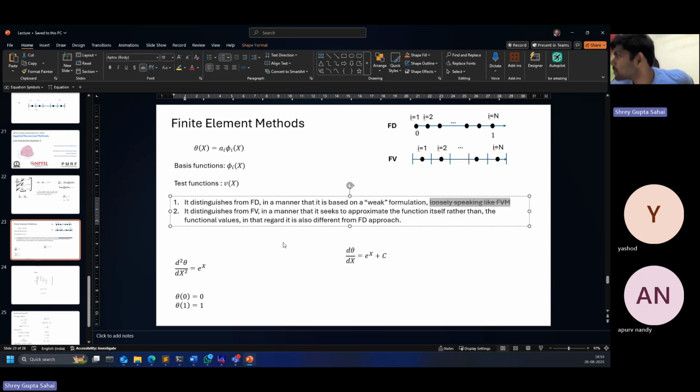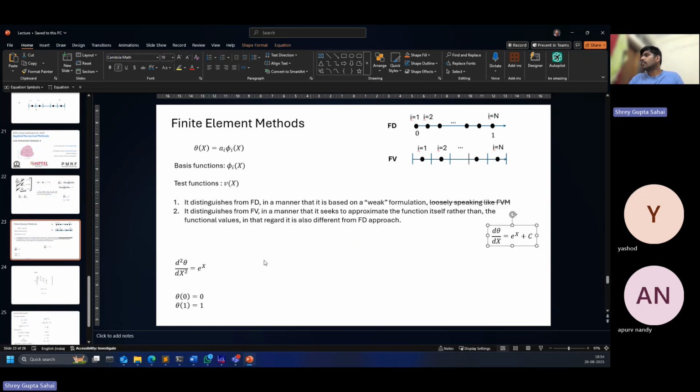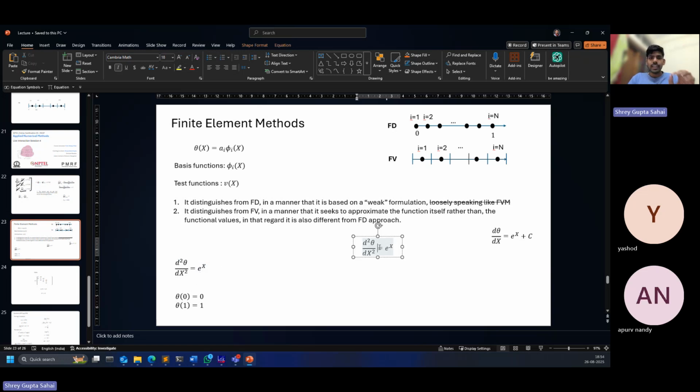Okay, so what do I mean? See, what was the finite difference method trying to do? It was trying to find the theta value at a node, essentially trying to minimize the difference between the actual theta value and the true theta value at some node, right?